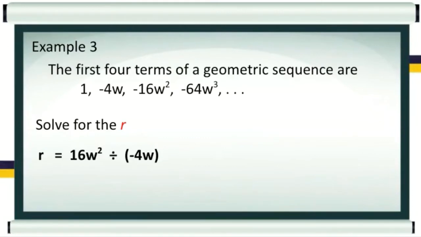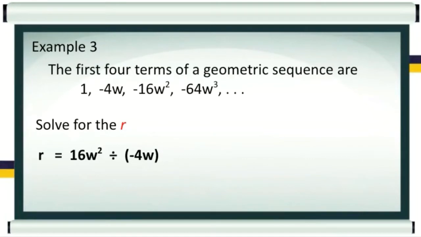Now, this time, let's have the variables. How are we going to divide w squared by w? What is the rule that you learned in your previous grade level, grade 9, in dividing exponents? We subtract the exponents.